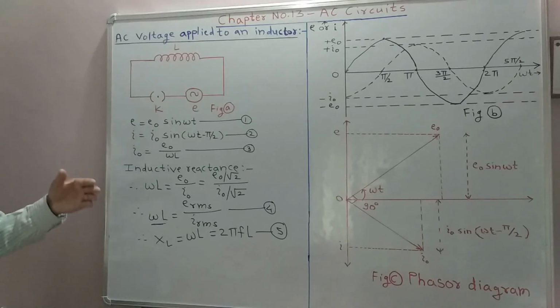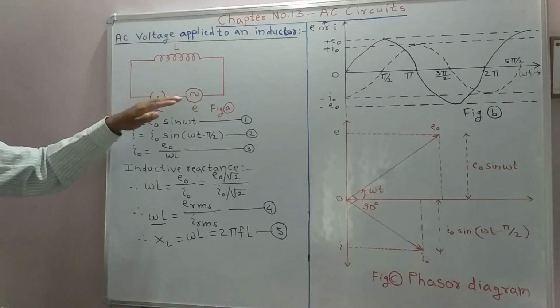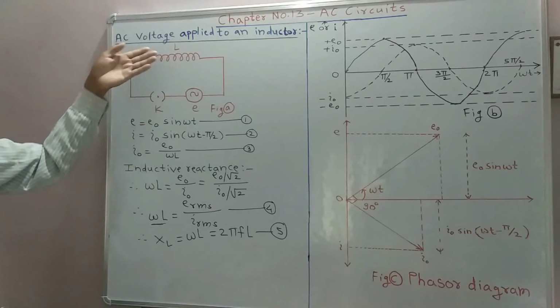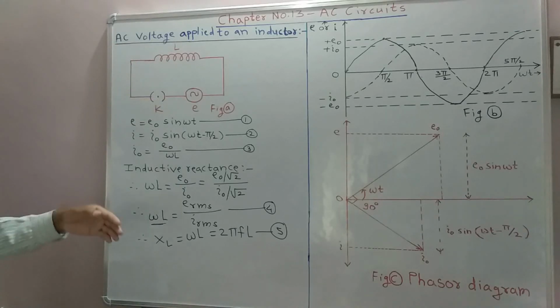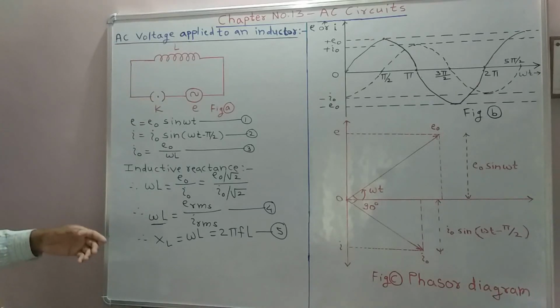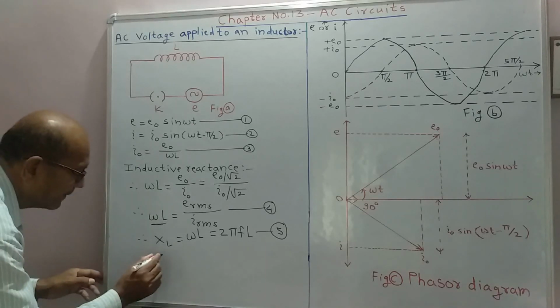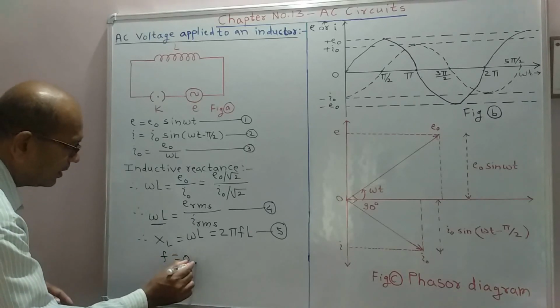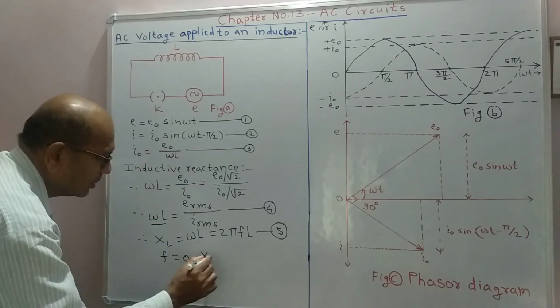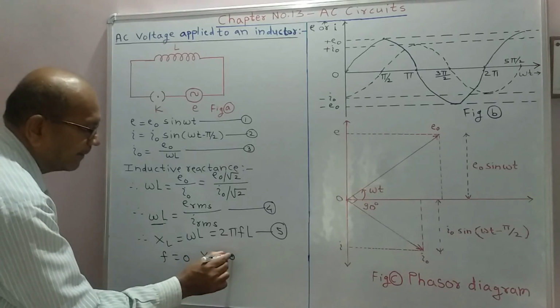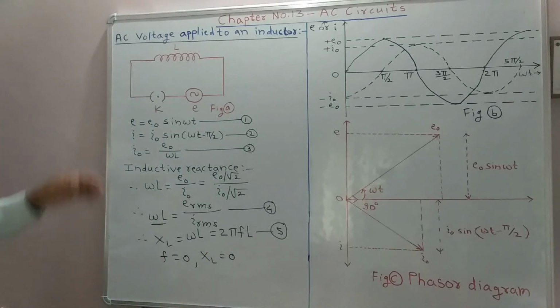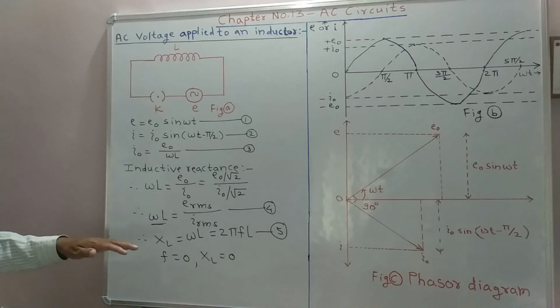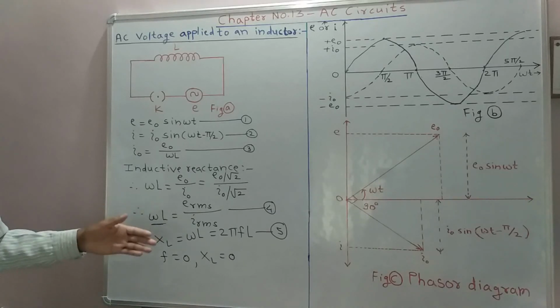In a DC circuit, that is, if DC voltage is applied across an inductor instead of AC source, then frequency of DC is 0. f is equal to 0, so that XL is equal to 0. This indicates that inductor does not offer any opposition to the DC.